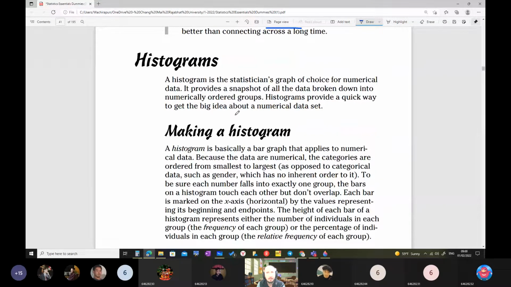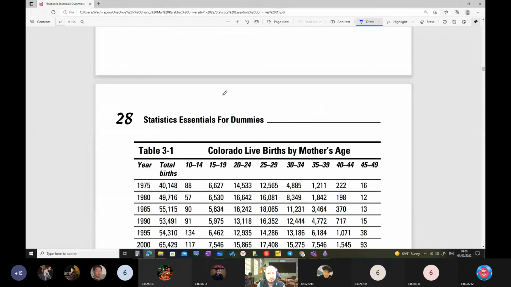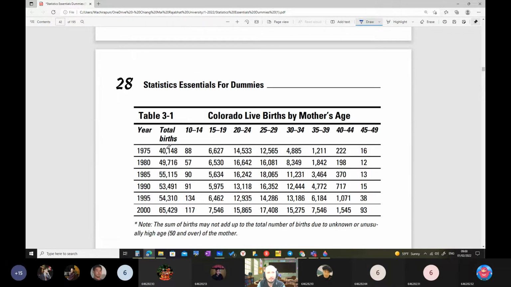Histograms. We show numerical data. Again, age of mother and how many mothers we have. Okay, so let's look again.